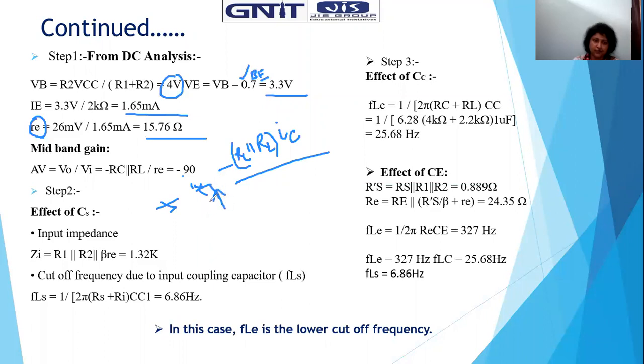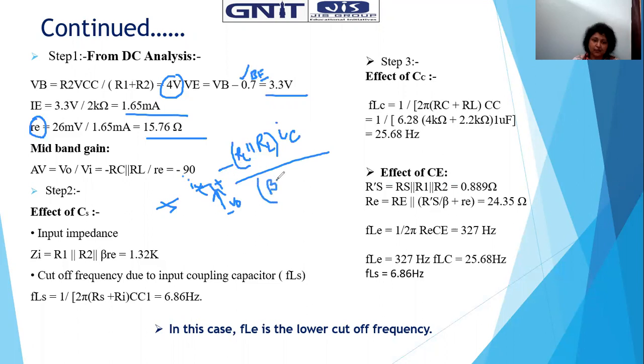Negative. If the current flow is downward, then it will be regarded as a positive voltage, but while IC is towards the device, we are considering the load voltage as negative. Okay, so that's why minus RC parallel RL into IC, that will be the output. And what is the input voltage?